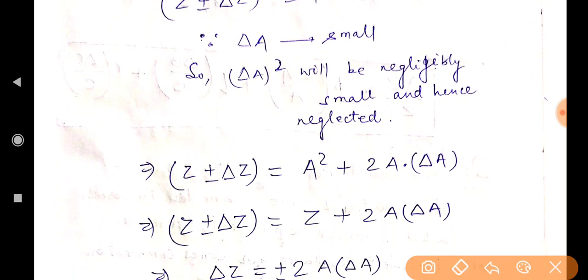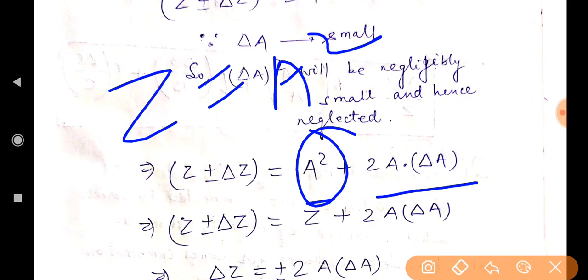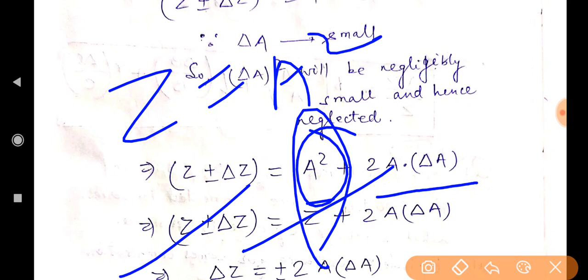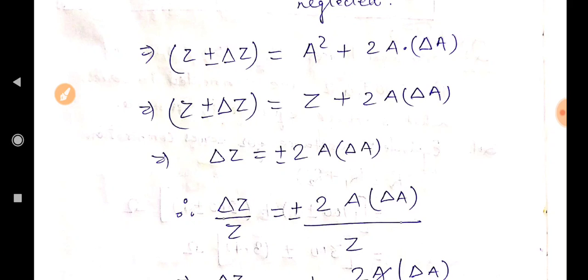The result will be z plus minus delta z is equals to a square plus 2a delta a, and since z is equals to a square, substituting z in place of a square and cancelling z and a square from LHS and RHS both, we get plus minus delta z is equals to plus minus 2a delta a, dear students.